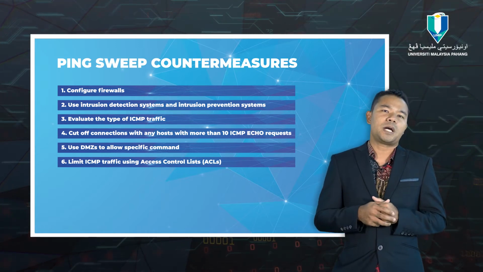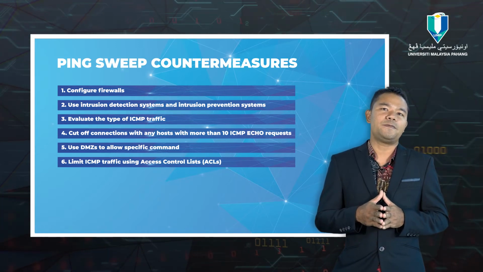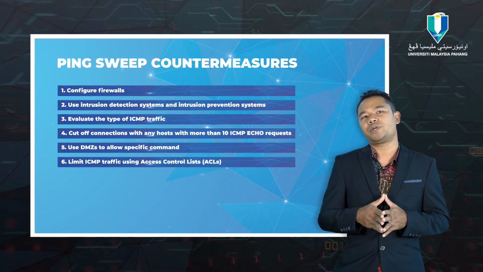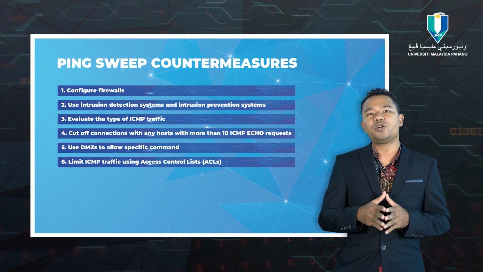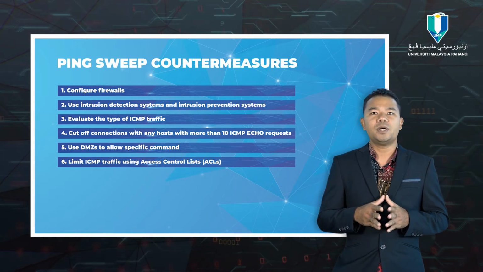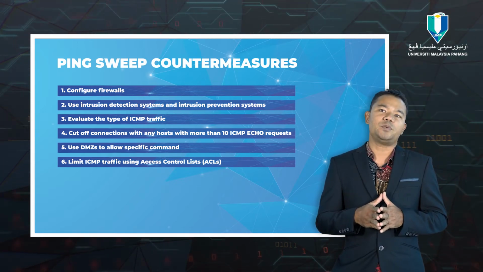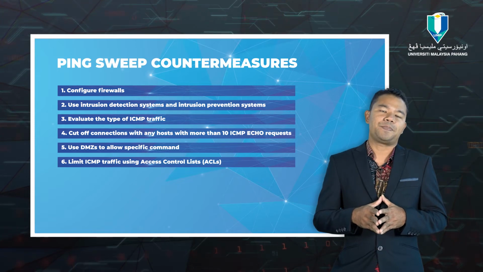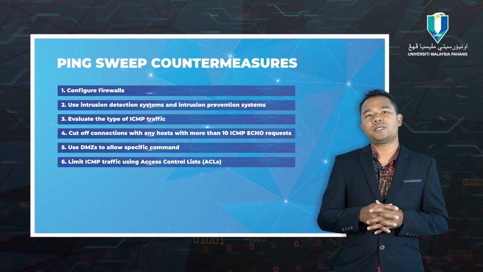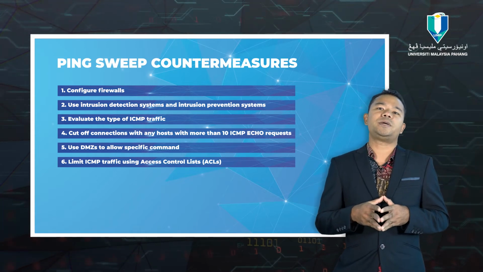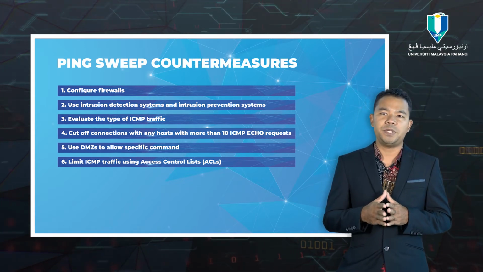Number 4, cut off the connection with any host that performs more than 10 ICMP echo requests. Number 5, use a DMZ and allow only commands like ICMP echo reply, host unreachable, and time exceeded within the DMZ. Lastly, number 6, limit ICMP traffic using an access control list or ACL and grant permission only to specific IP addresses such as the ISP.